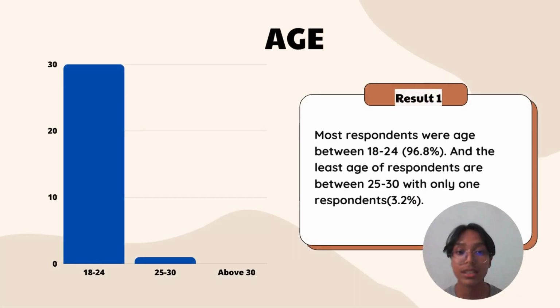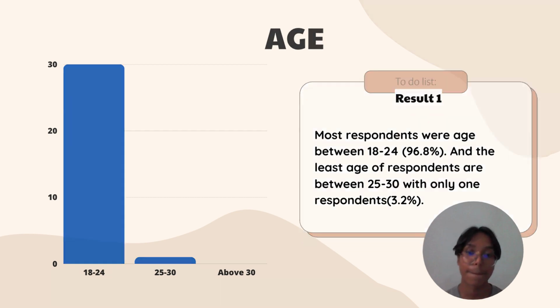Okay, now to the age. From the bar chart, we can see that most of our respondents were aged between 18 to 24, which covers around 96.8%. And the least age of our respondents in this questionnaire is between 25 to 30, with only one respondent, which covers around 3.2%.